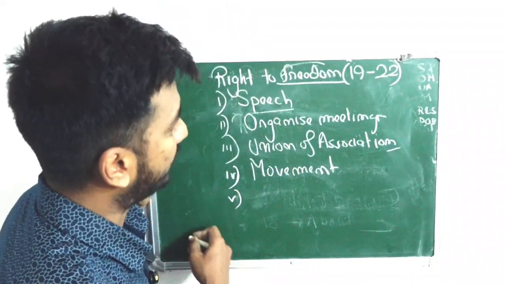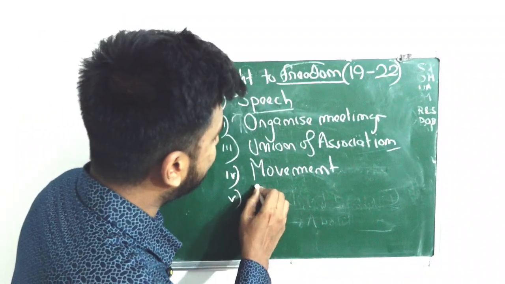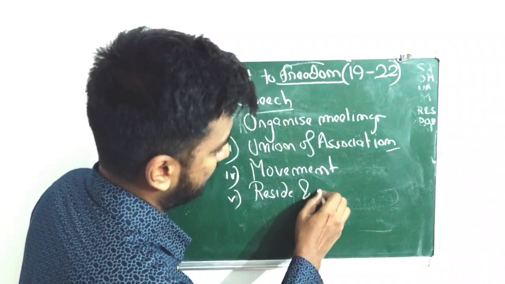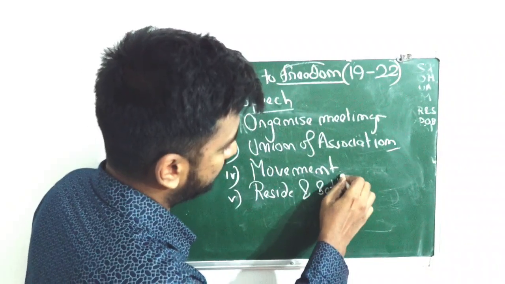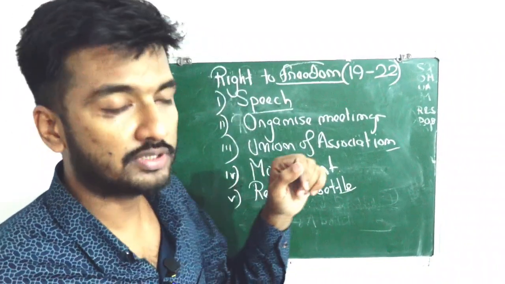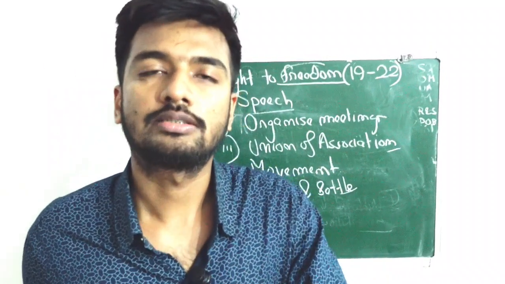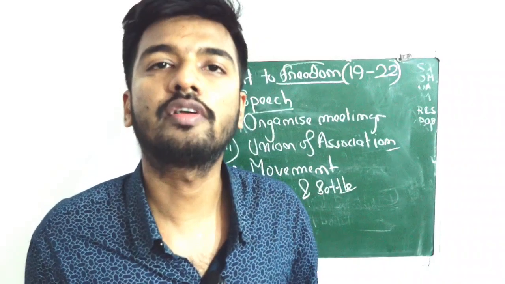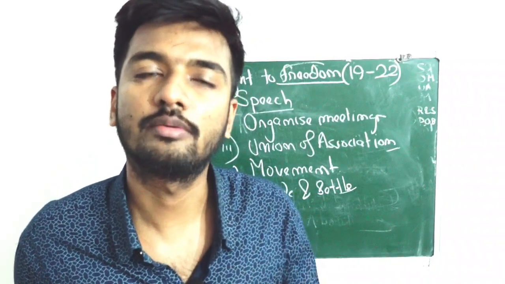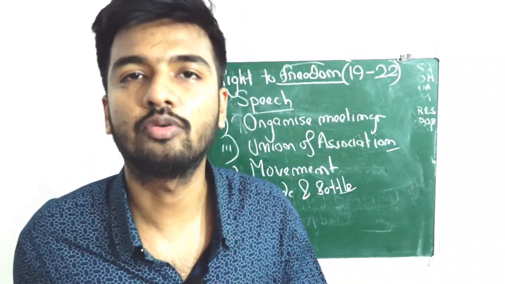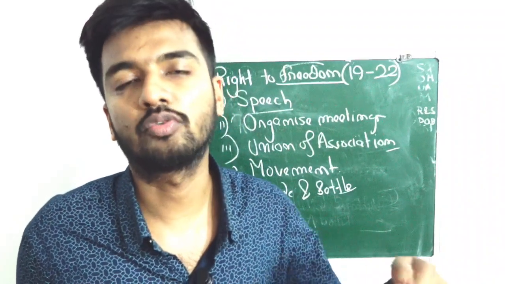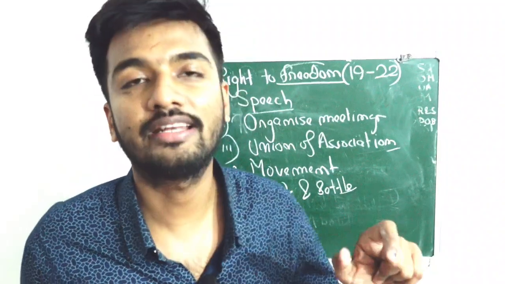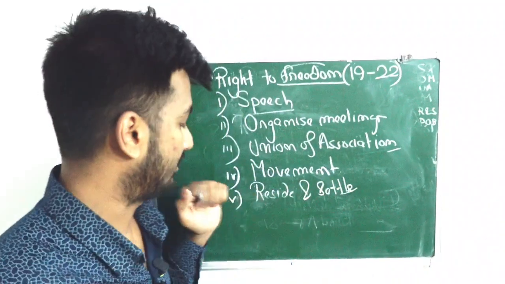And the 5th freedom is right to reside and settle. A person from Assam can reside anywhere that he wants within the territory of India. You can reside in Mumbai, in Delhi, in Bihar, in any place. That is the right to reside and settle.